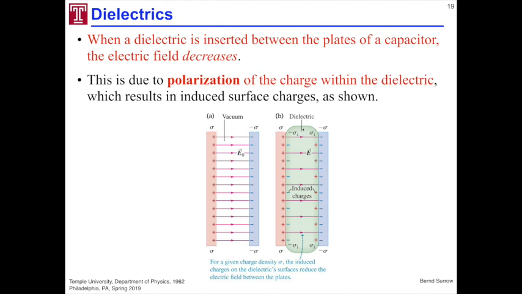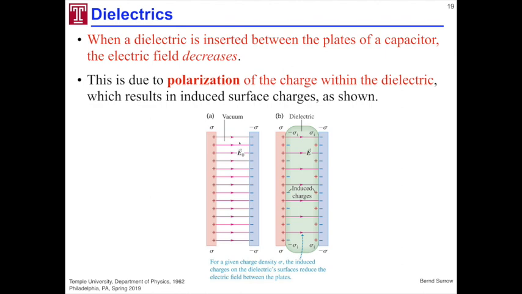we're talking about inserting a dielectric, a non-conducting material. In contrast to a metallic material, charge carriers cannot freely move around. However, these charge carriers, let's in general call them molecules, can change their orientation. And they're aligning themselves, so to say, inside of the external electrical field set up by these two plates here.